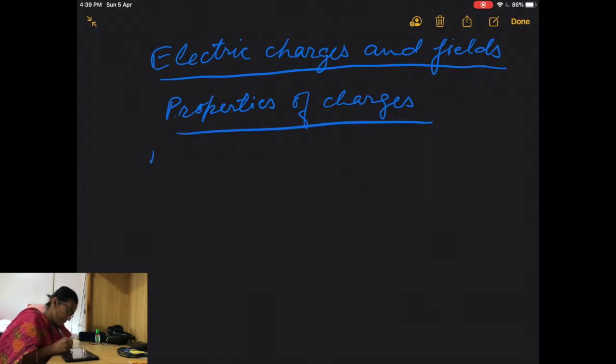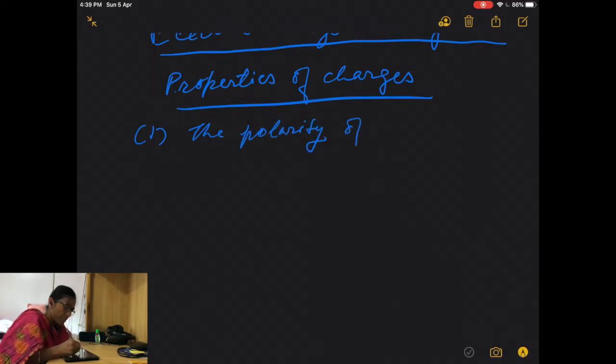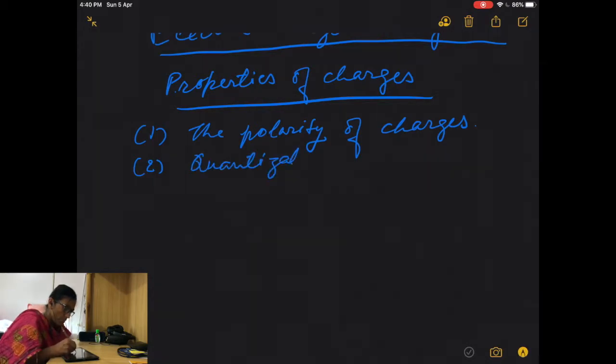We already have learned two properties: the polarity of charges, and second, we have learned quantization of charges.